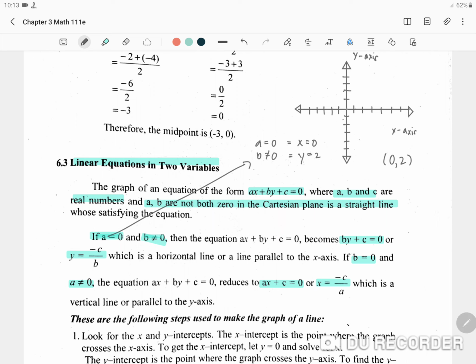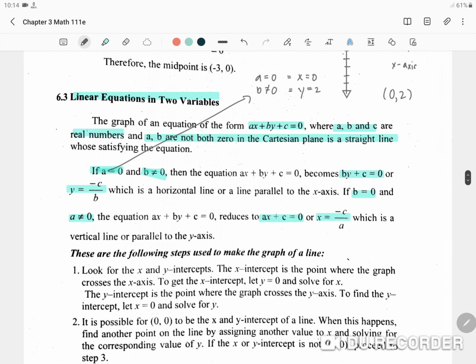So sa x-axis 0, so dito lang yan sa gitna. Samantalang yung 2 natin sa y, positive, we go up. So, ibig sabihin, if we try to create a line, it will be basically parallel to the x-axis. Yan yung statement na sinasabi dito.